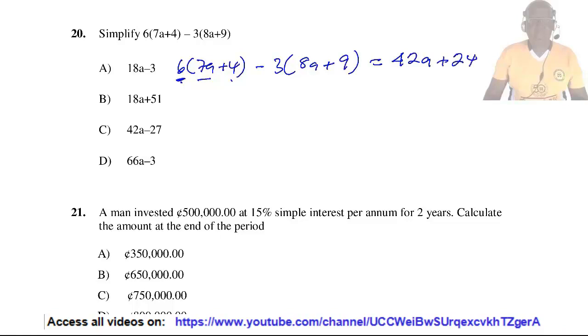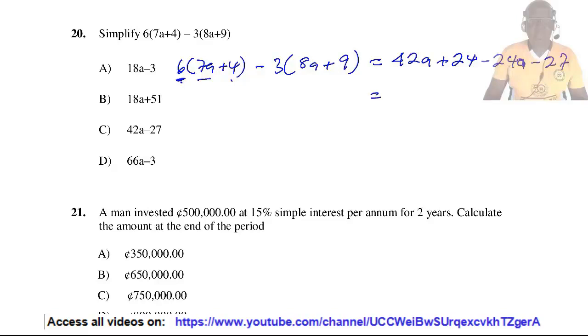Then minus 3 times 8a is going to be 24a, and 3 times 9 is 27, so minus 27.